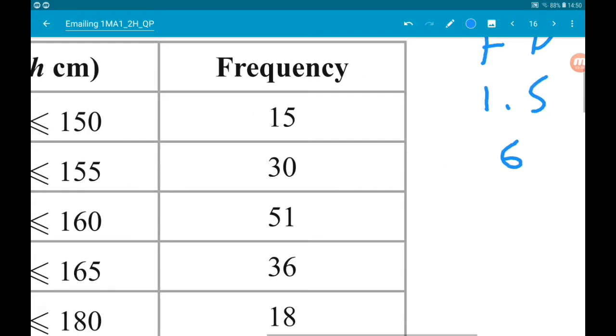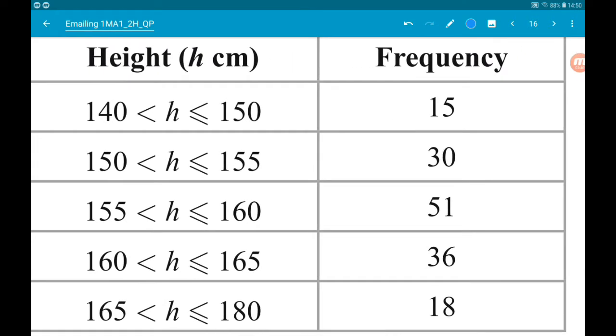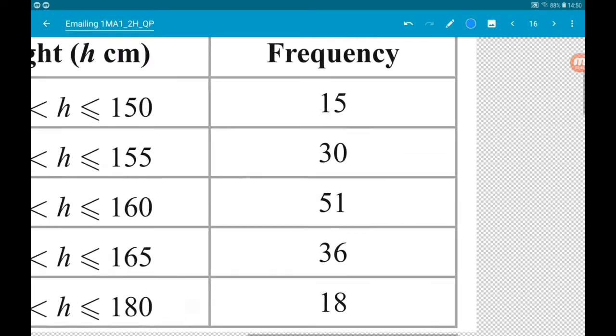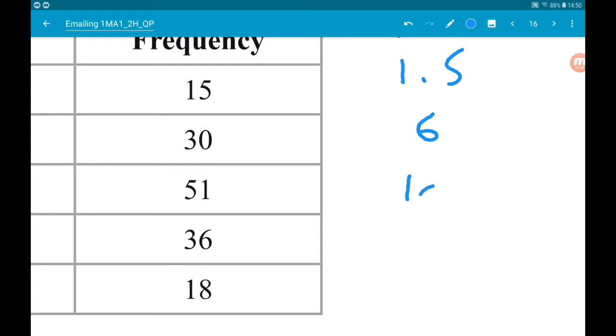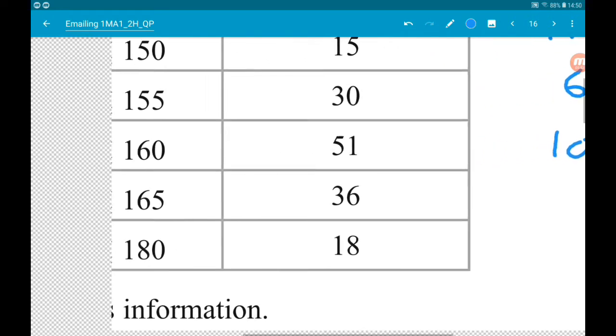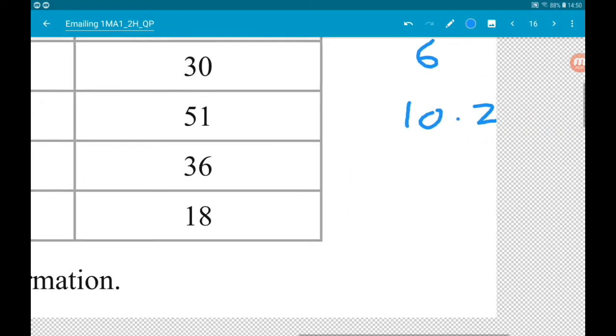Next one, 51 divided by 5, that's 10.2. Next one is 36 divided by 5, which is 7.2.